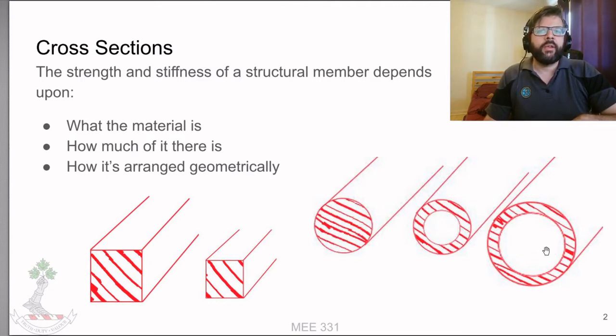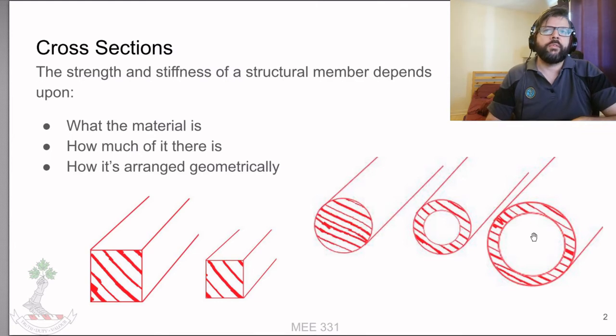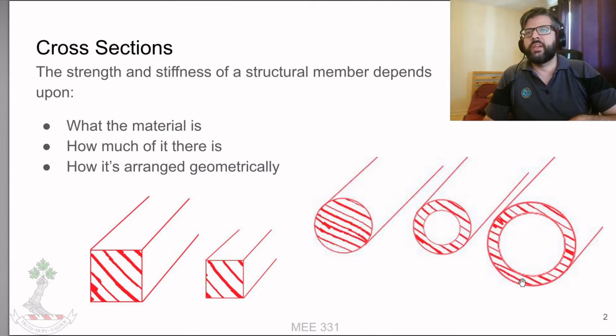Depending on exactly what ratios we're talking, it could still have a greater ability to, say, resist twisting than this one here, due to the fact that how it's arranged geometrically plays a role as well as just how much of it there is.